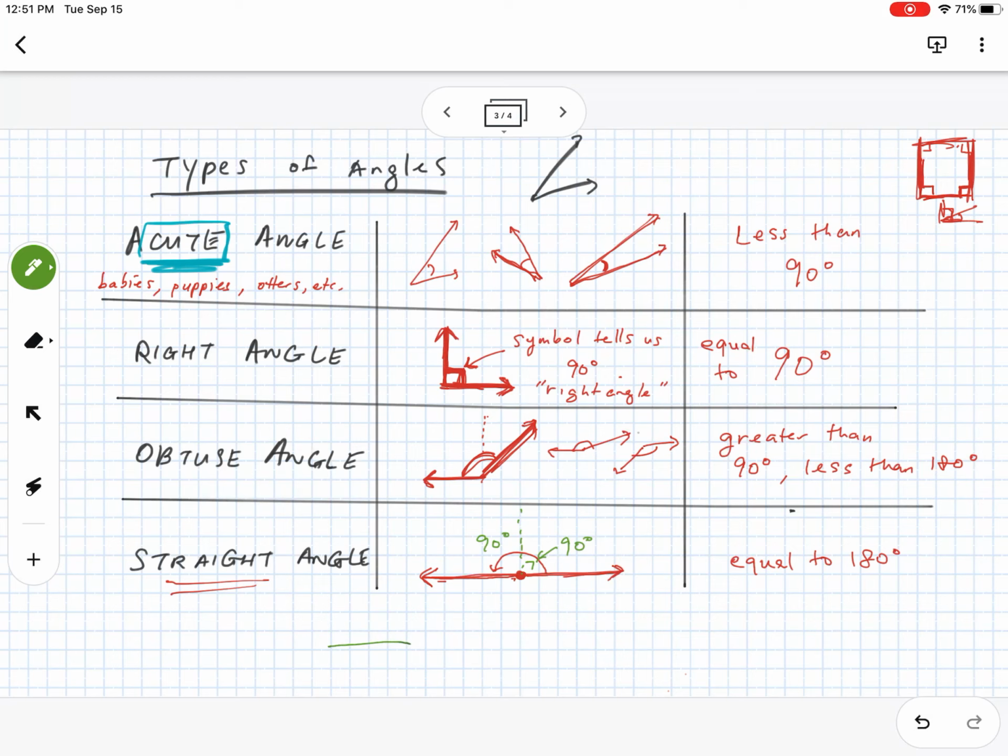Or even if you can imagine someone riding a skateboard, right? And then when they hop into the air, if this is a front and this is a back, then they might flip the board like that.